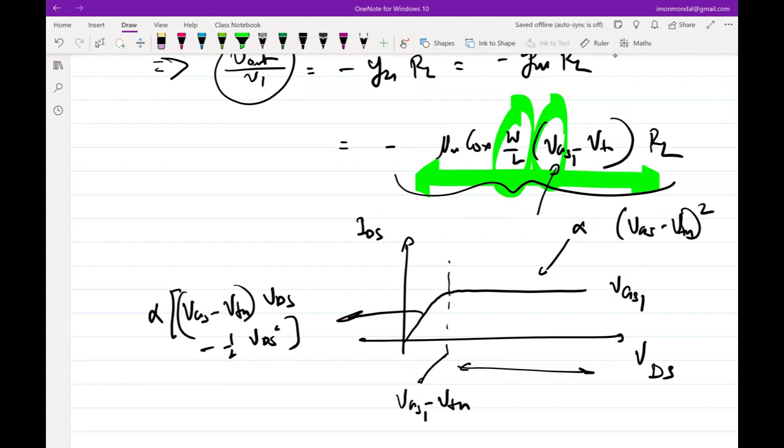So if I increase VGS, I obviously expect this curve to move upwards, right? But where do I expect this kink to happen? It will be at VGS2 minus VTH, right? Which means that if VGS2 is higher than VTH, I expect the kink to happen at a higher voltage, right?